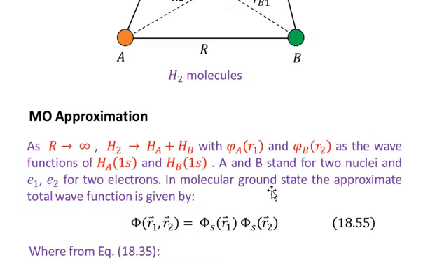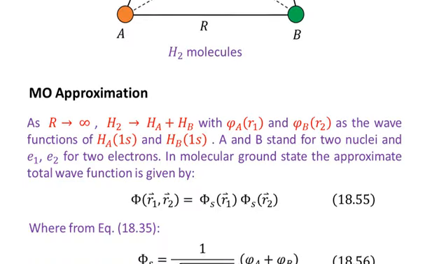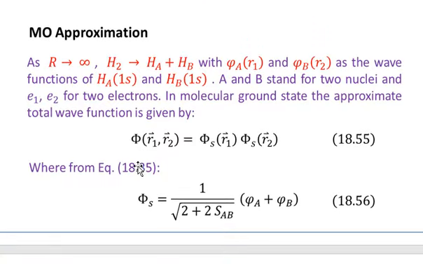Now, in molecular ground state, the approximate total wave function is given by. So you see that here we are assuming a molecular state, and we are writing the total wave function of the molecular state as phi of R1 and R2 equal to phi s of R1 and phi s of R2, where both phi s are the symmetric wave functions as a function of R1 and R2.